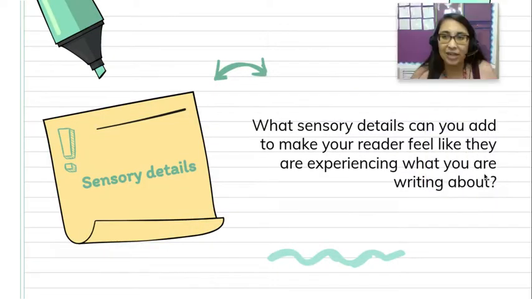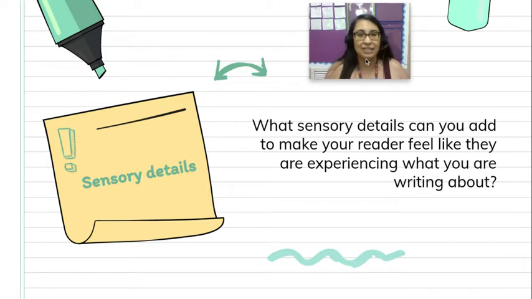So, today we're going to talk about adding sensory details. Sensory details are any details that use your senses, and they make your reader feel like they're actually experiencing what you're writing about. They are the thing that makes it so that your reader understands what you're feeling or going through, or what your characters are feeling or seeing. They add a lot of interest to your writing.